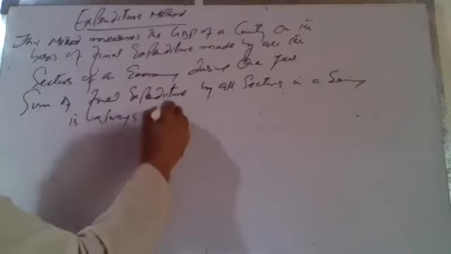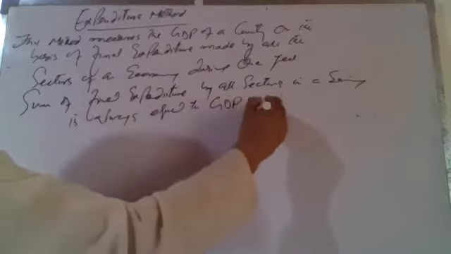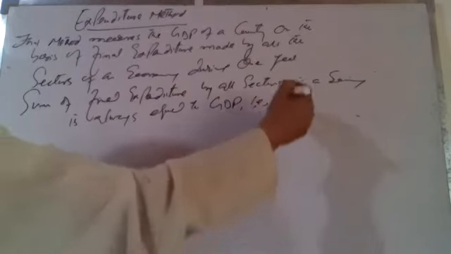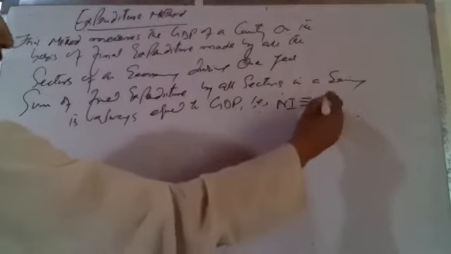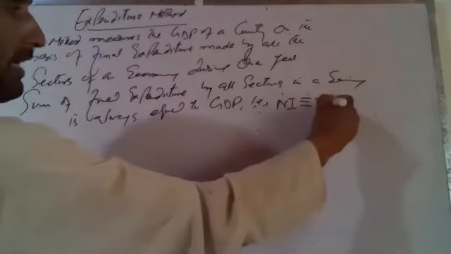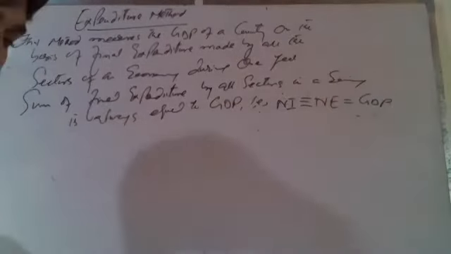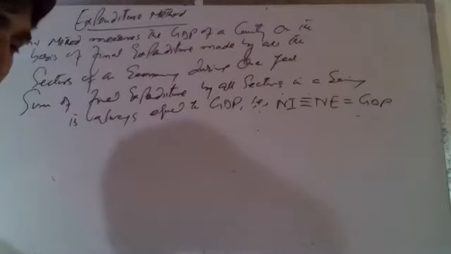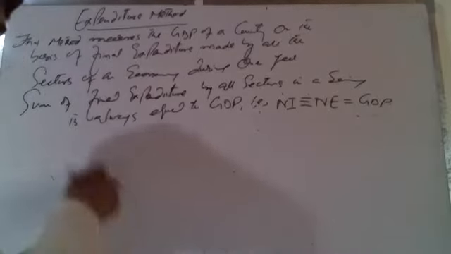We can say national income is identically equal to national expenditure, which is identically equal to the GDP of the country. So the final expenditure of the whole country is always equal to gross domestic product at market price.